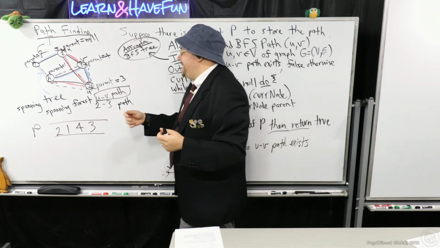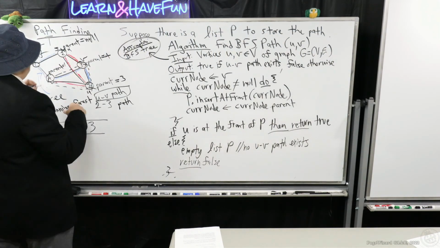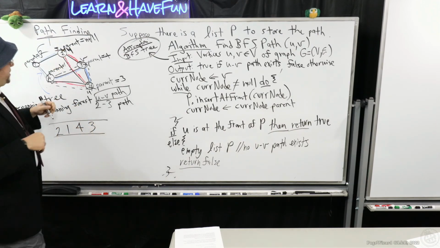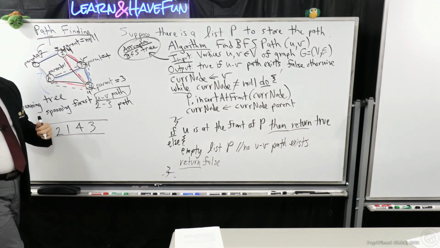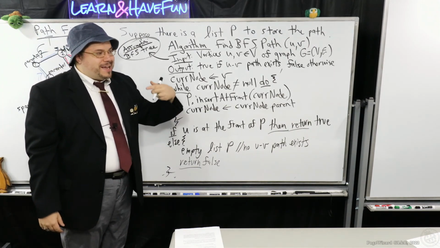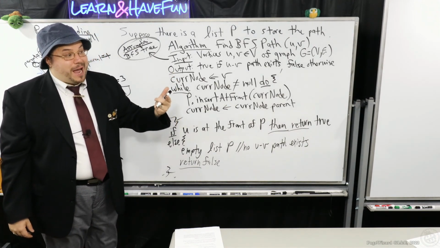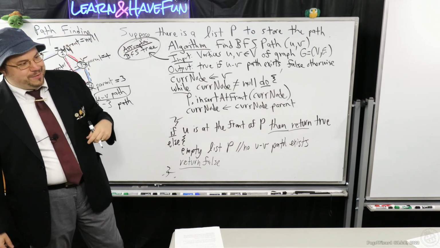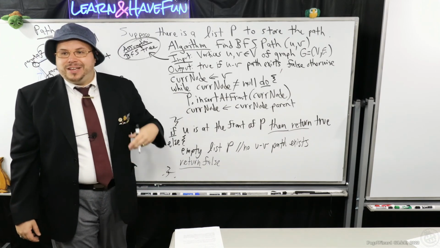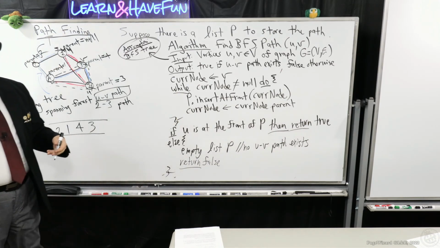So if you start off with some vertex u, like say you have this one here, and suppose you did compute the BFS tree of this, you can keep reusing that BFS tree to compute shortest pathways from a given vertex to your starting one, your source vertex. So you keep using it over and over again.